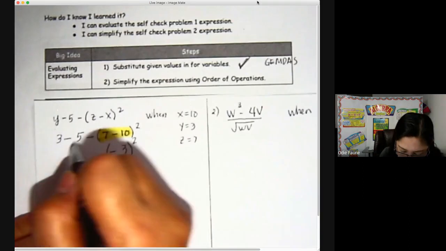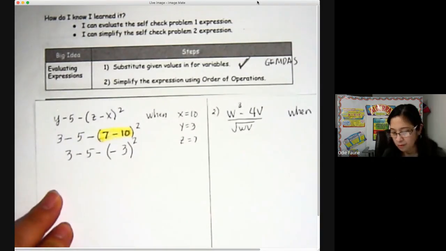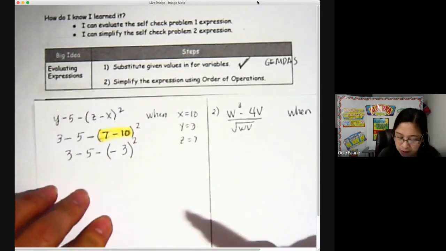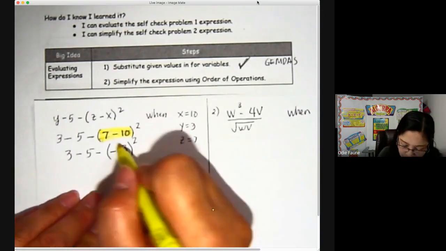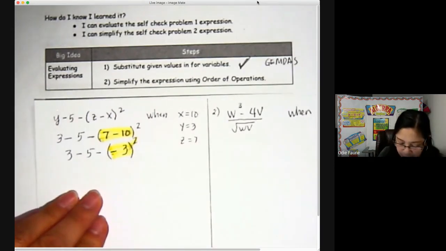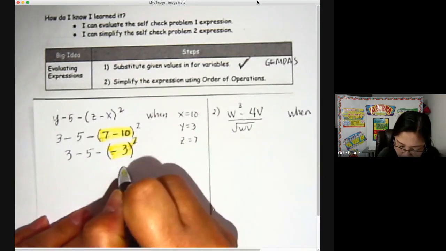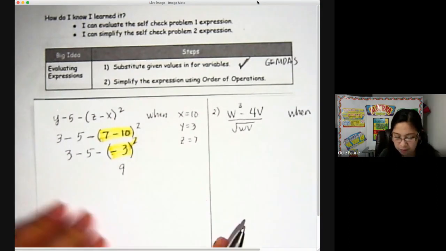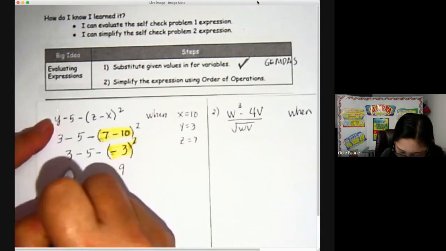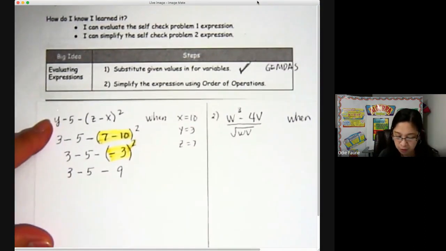So we have 3 minus 5 minus. So we're done with G. Then we go to E, exponent. This is an exponential number. Negative 3 to the second power is equal to positive 9. Then we drop the rest of the numbers. Then we look for multiplication or division.